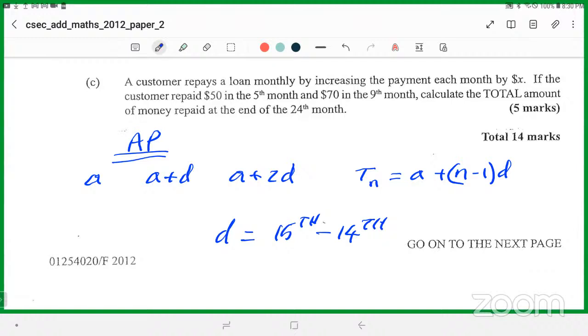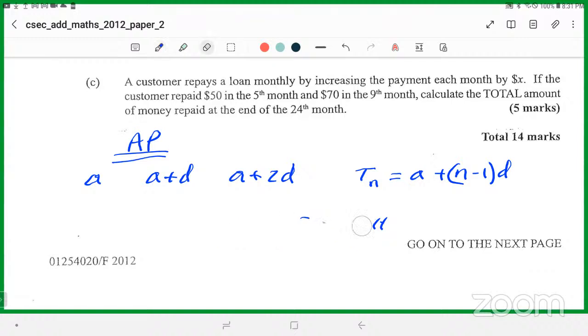It's an addition thing. Remember also that even though we're working in this formula as if the common difference is positive, it can be positive, it can be negative, it can be a whole number, it can be a fraction, it can be any value. Sometimes they even express it algebraically in terms of x or something. So that is what gives you the common difference: any term minus the preceding term.